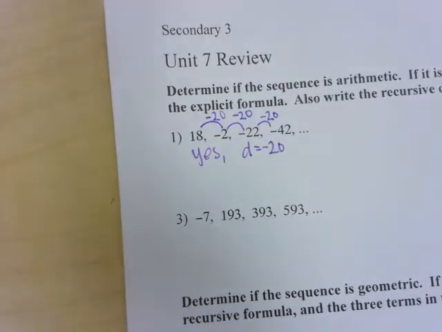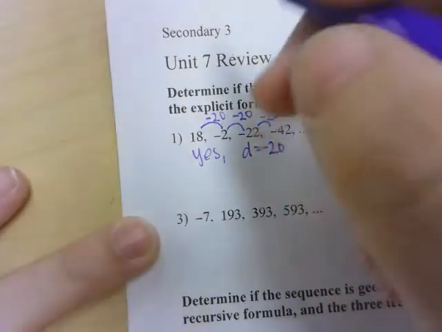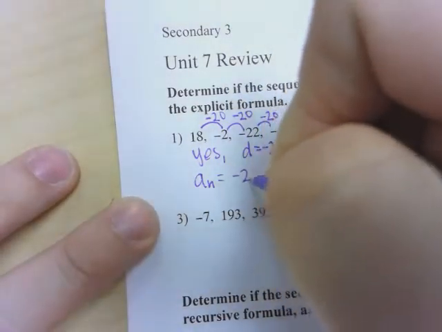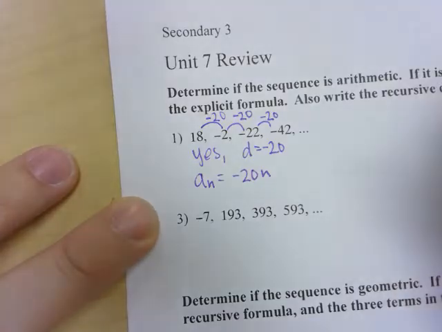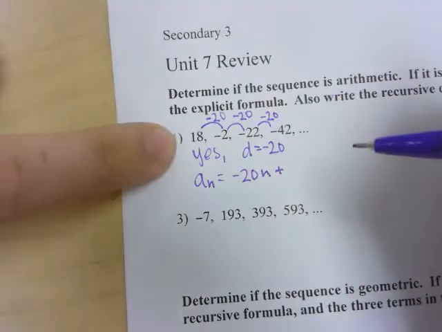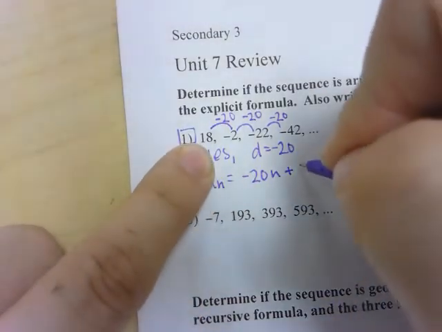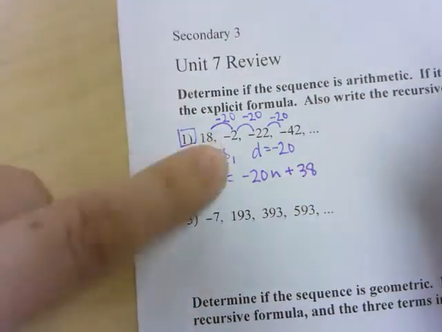In order to find the 52nd term, I'm going to need to write the explicit formula. The explicit formula says a sub n equals the difference times n plus the term right before the first term. If there was a term right in front of this, what would it be? If I'm going down 20, then that would have to be 38.